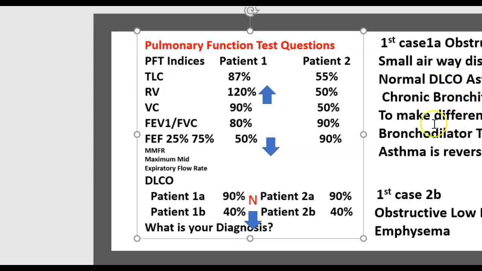To make the difference, we give the bronchodilator test, knowing that asthma is reversible. For the first case 2B, DLCO is decreased. That means emphysema.